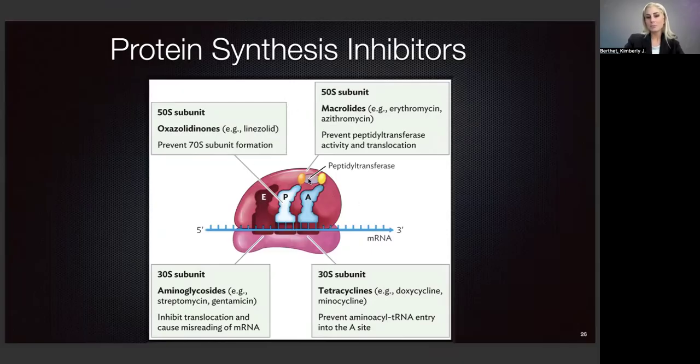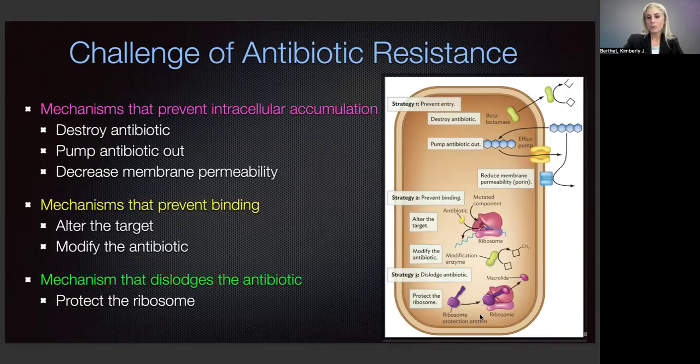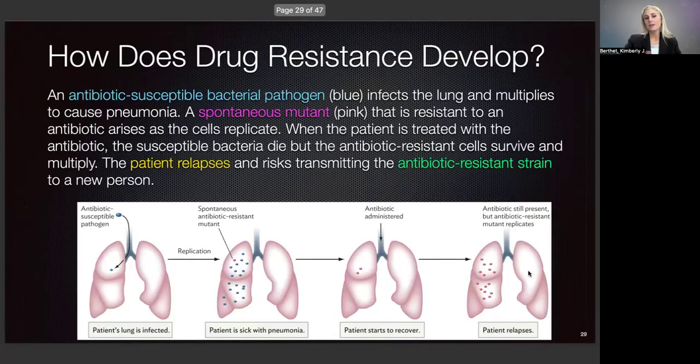It's preventing the peptidyltransferase, so bonding of the two amino acids together here. So what we can do is we can have proteins that are generated in the cell. So these can be things that came about from mutation, or we've received them in horizontal gene transfer. Bacterial cells have them, and they can work to push out antibiotics. They can dislodge the antibiotic from the ribosome, restoring the functionality of the ribosome.